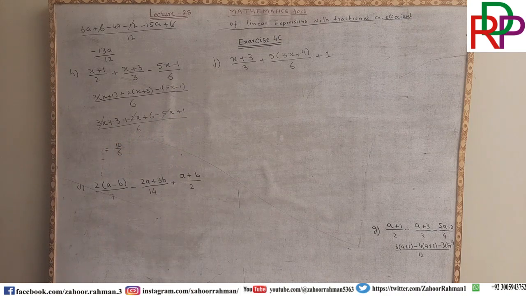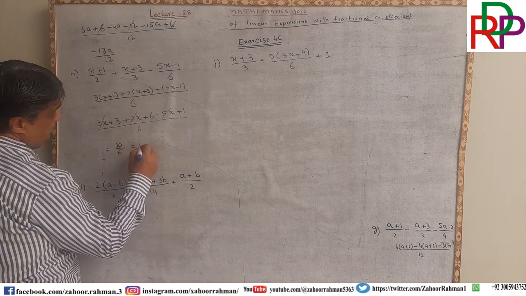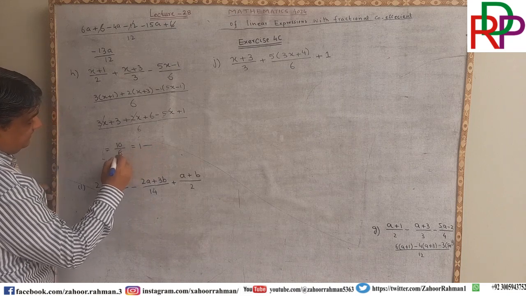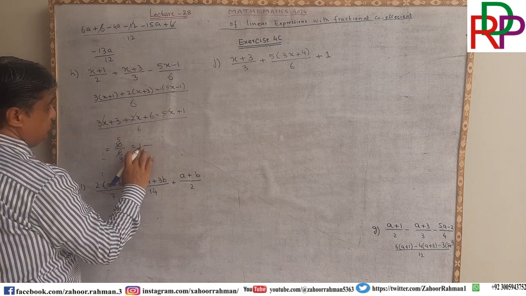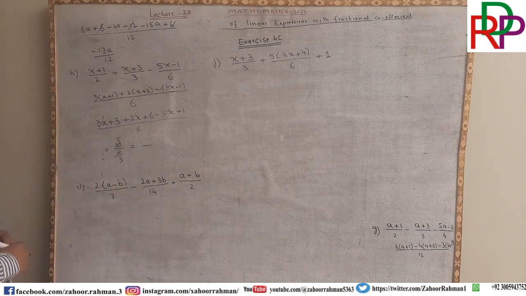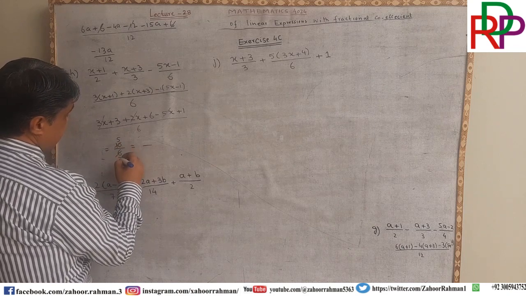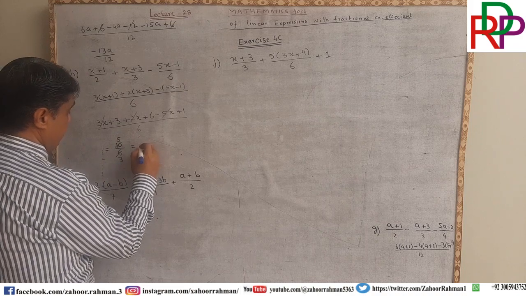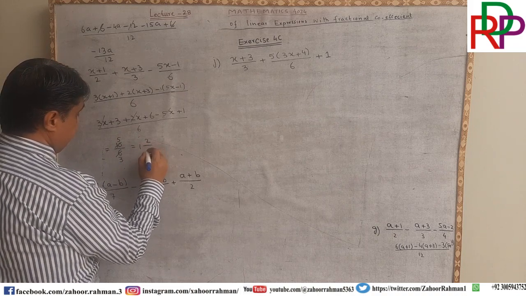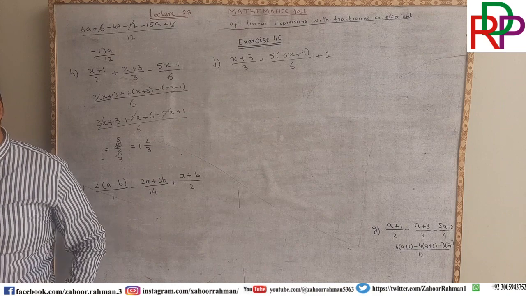But because 10 is divisible by 6, we can cut it first by 2. So 5 over 3, which gives you 1 whole 2 over 3 as the answer.